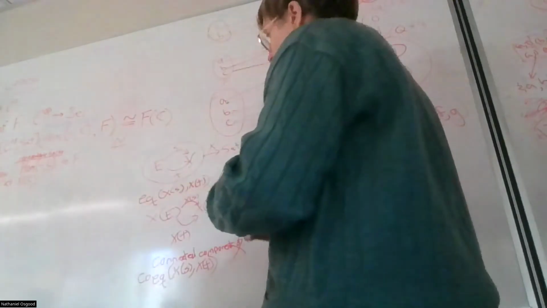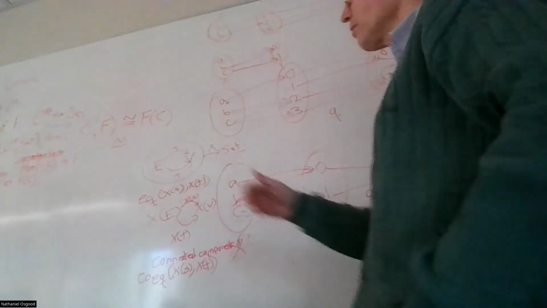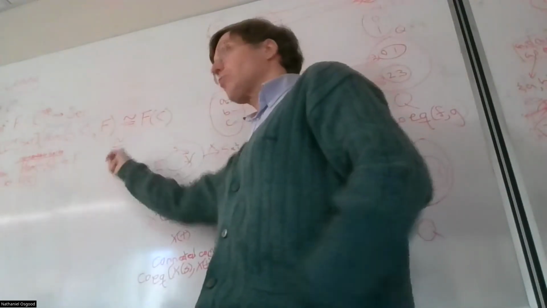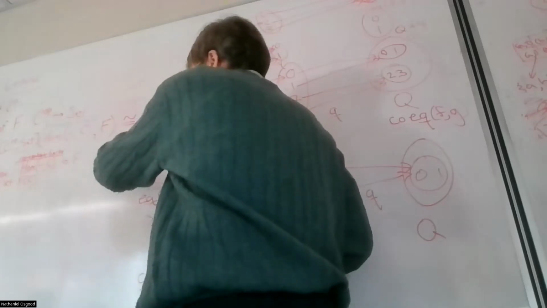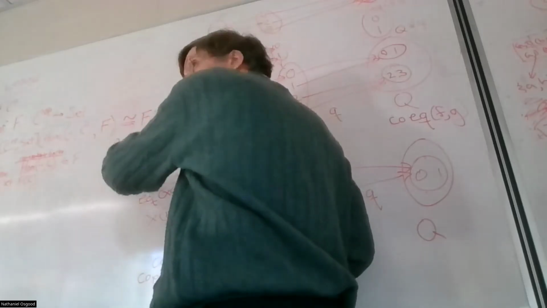So if we consider the equalizer of X of S and X of T, this is going to be the subset of edges, because the equalizer will be over E, right? It's a subset of edges. It's a monomorphism into edges, right?